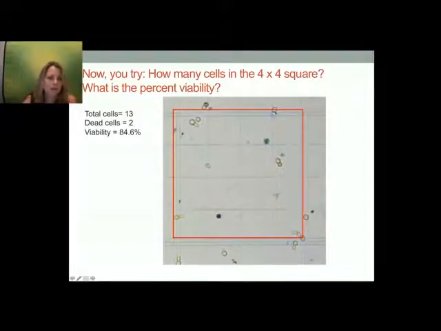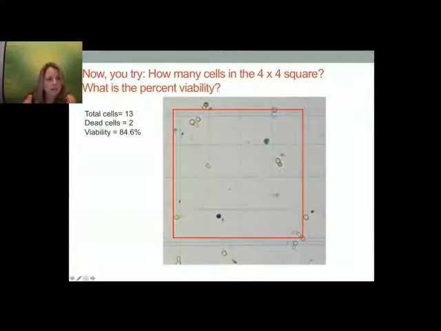This one is right on the border, and this is what I would say is a judgment call, but I'm counting it within this square. So this is 1, 2, 3, 4, 5, 6, 7, 8, 9, 10, 11, 12, 13. So we have a total of 13 cells.